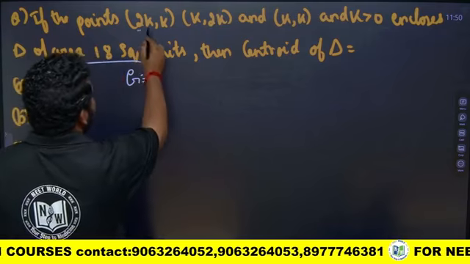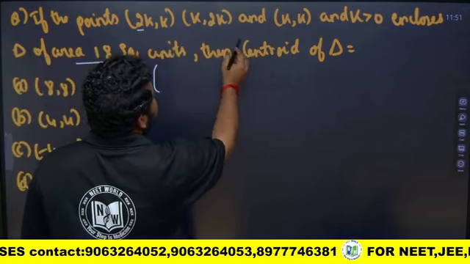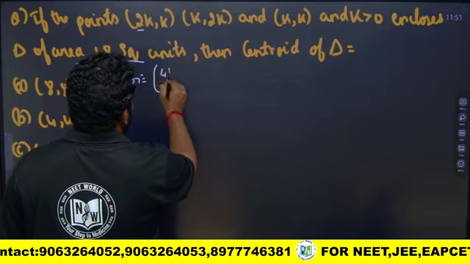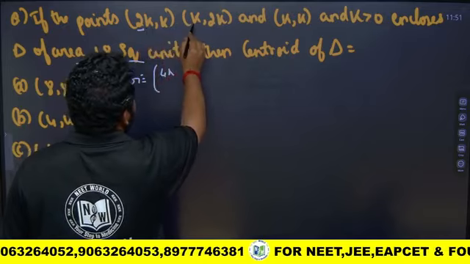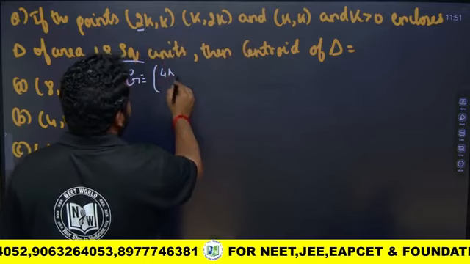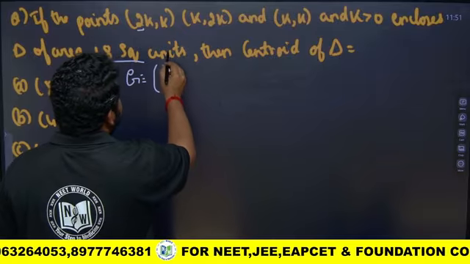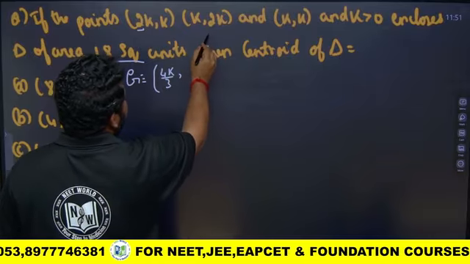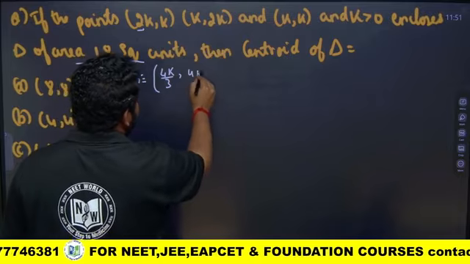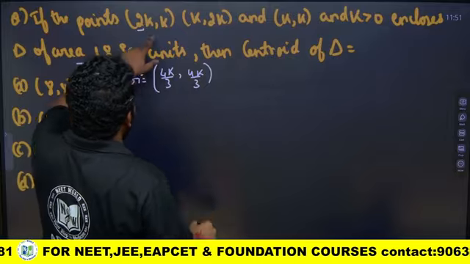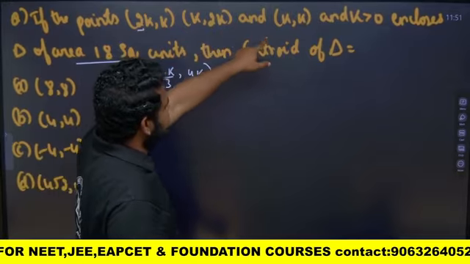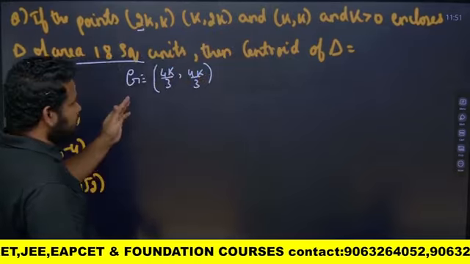The x coordinate is 2k plus k plus k, that is 4k, by 3. The y coordinate is k plus 2k plus k, that is 4k, by 3. This is what we got for the centroid.